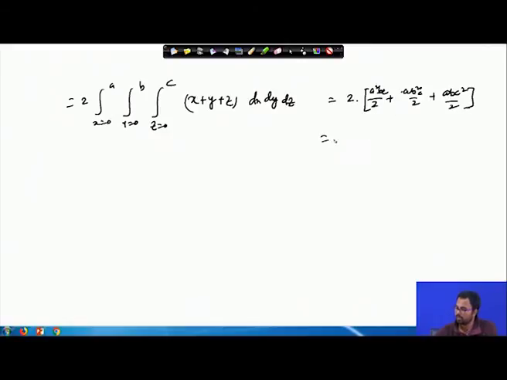So, 2 will get cancelled and therefore, we will obtain a b c times (a plus b plus c). So, this is the required volume integral.